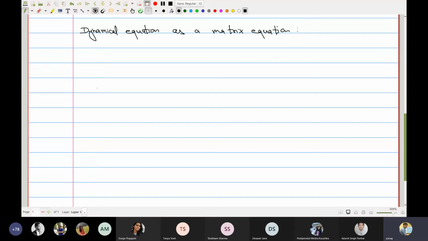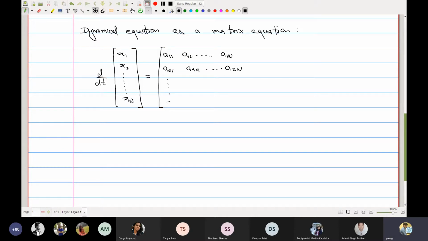It would look something like this: d by dt of the vector x1, x2, up to xn is equal to the coefficient matrix with entries a11, a12, up to a1n, a21, a22, up to a2n, all the way up to an1, an2, up to ann, multiplied by the vector x1, x2, up to xn.